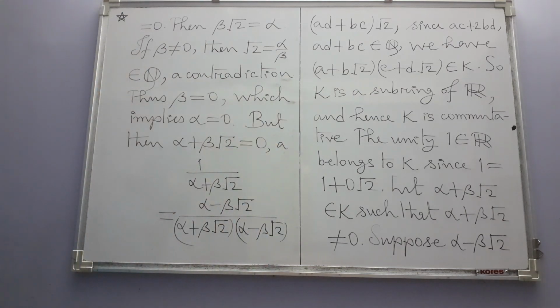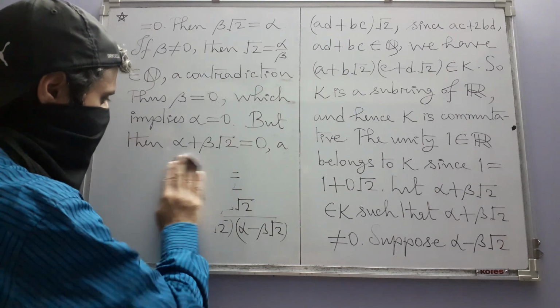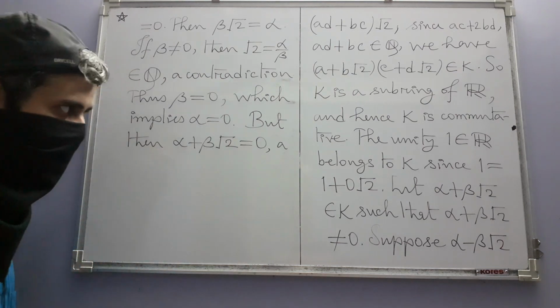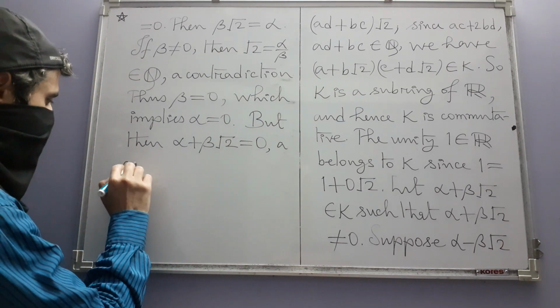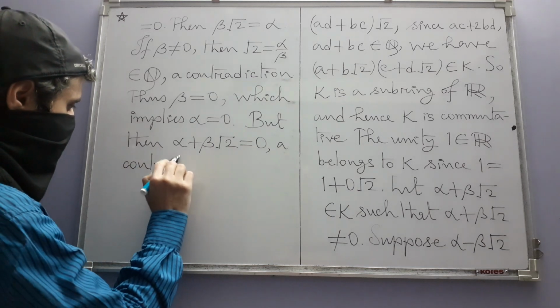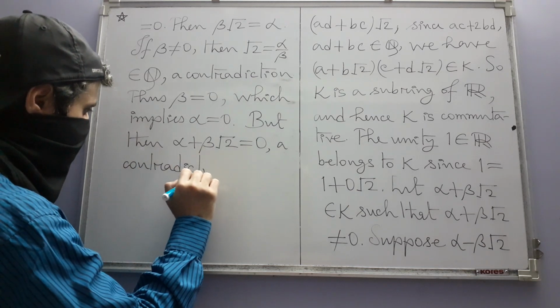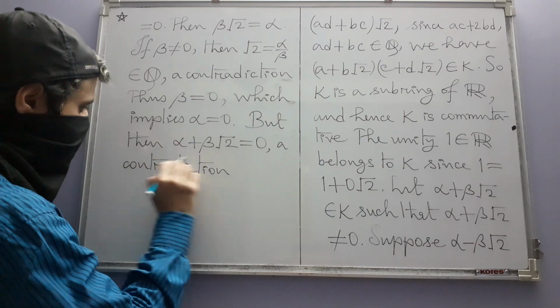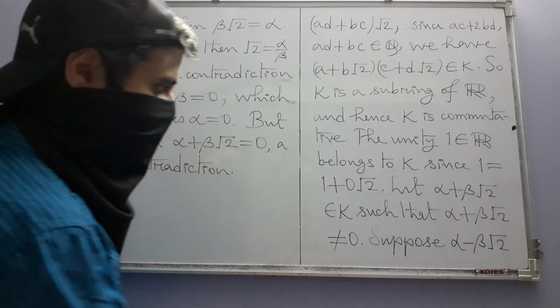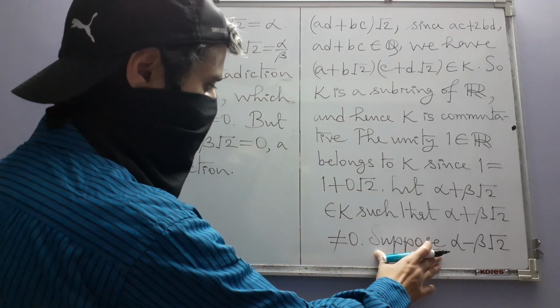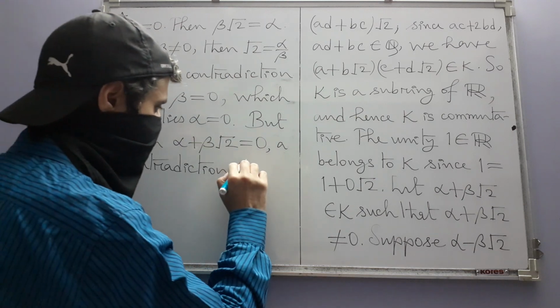Which is again a contradiction. Which means what? That this supposition cannot possibly be true.